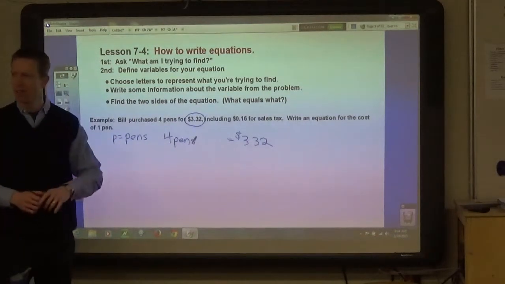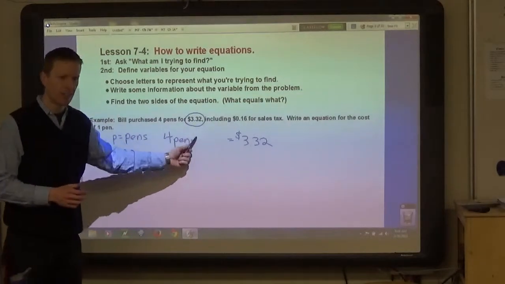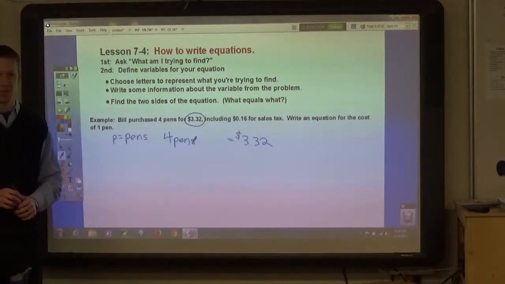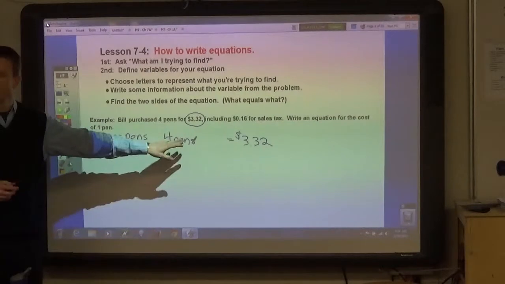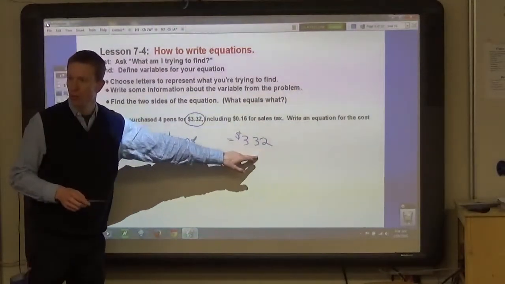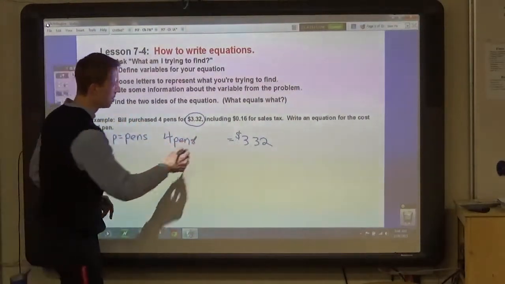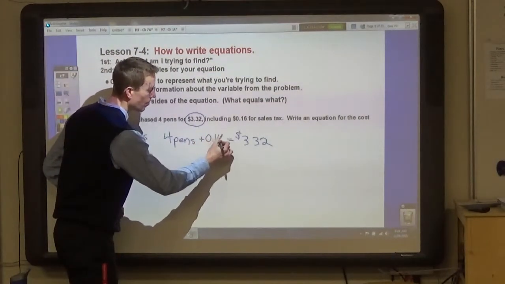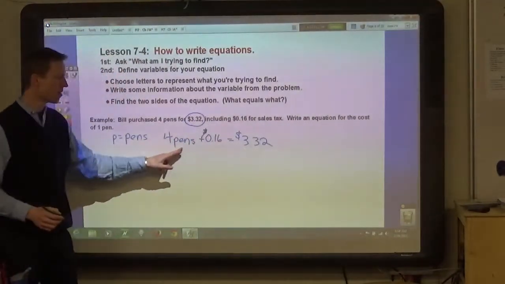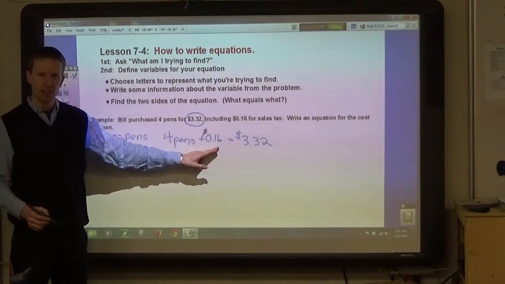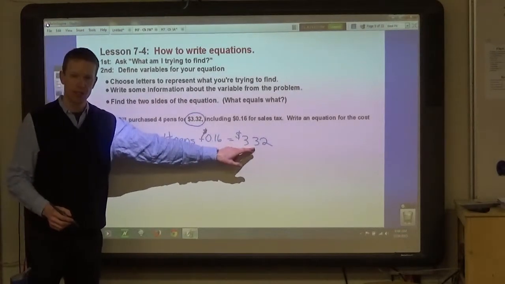How do we account for the sales tax on this side? Do we multiply it? Do we add it? Divide 16 divided by 4. We have to add it to this side, right? Because the 332 includes sales tax. Okay? So the 4 pens plus sales tax equals 332, right?